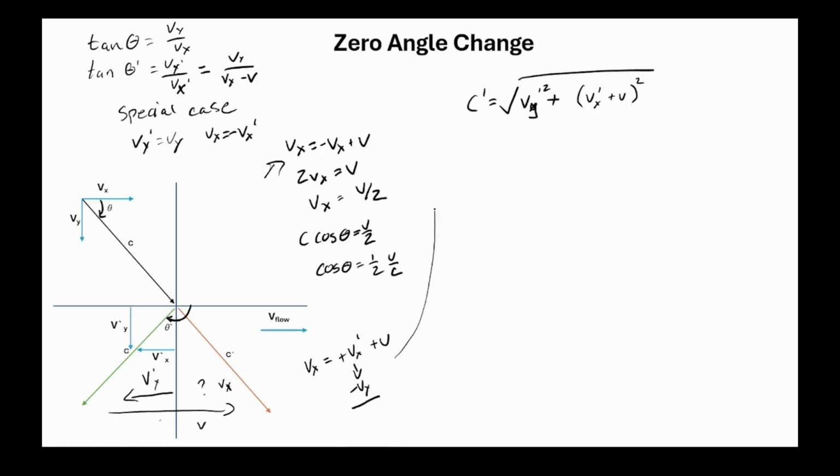And so that's where we get this up here. And so when we're continuing this calculation, Vy prime is just Vy. Right, and so Vx prime is equal to Vx minus V, right? So Vx minus V plus V squared. Well, those cancel, and basically C prime.